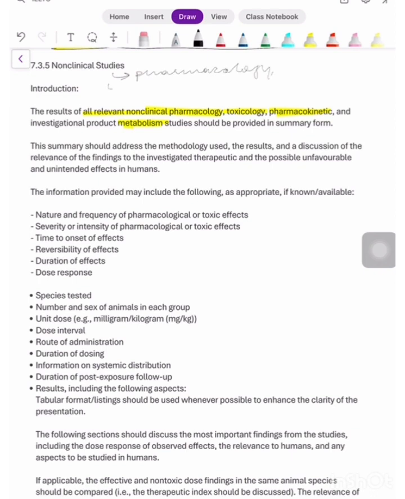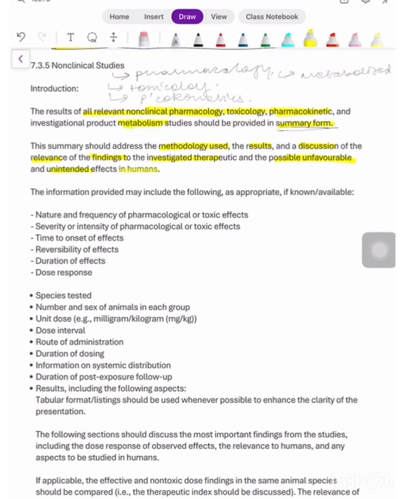How the product is metabolized in the body, and obviously these trials are done on anyone except humans because it's non-clinical. So obviously we're talking about animal trials here. They should be provided in summary form. You must provide it in a summary form. This summary should address the methodology used, the results, and a discussion of the relevance of the findings to the investigated therapeutic, and possible unfavorable and unintended effects in humans.